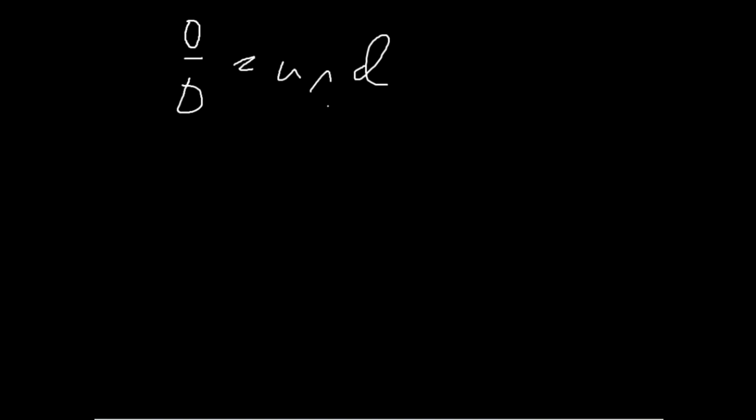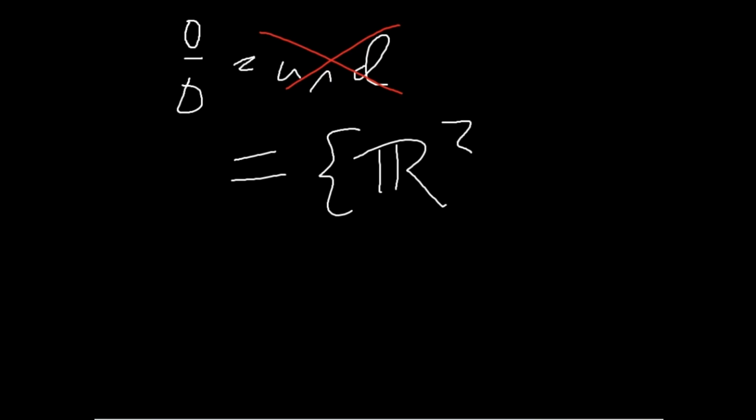We could allow 0 divided by 0, instead of equaling undefined, to equal the set of real numbers. We can do that. We can define it that way. We no longer have division as a function that maps to a single real output. No, now it maps to a set that has more than one element.